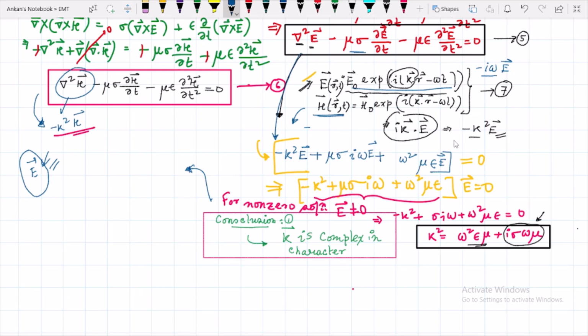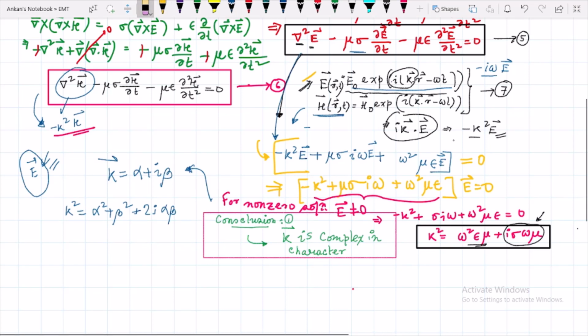So let us proceed further. If we take k as alpha plus I beta, then you can also obtain k square to be alpha square plus beta square plus 2I alpha beta. Here a minus term will be present.